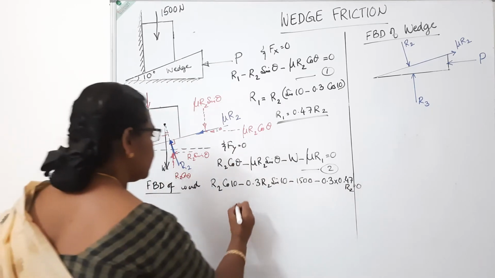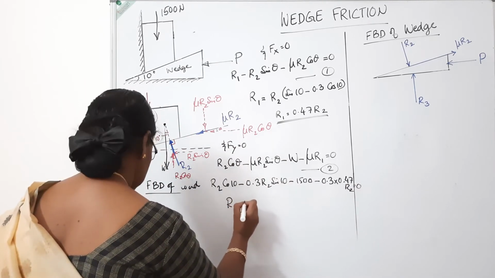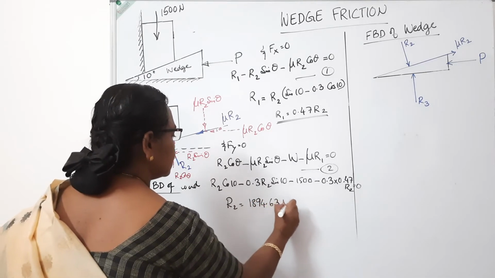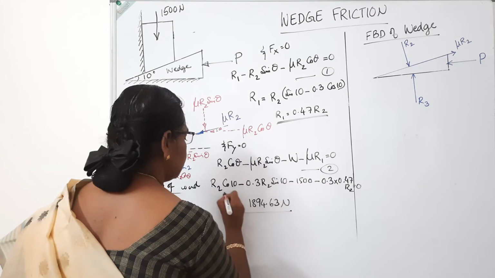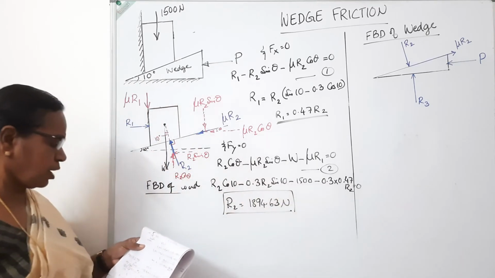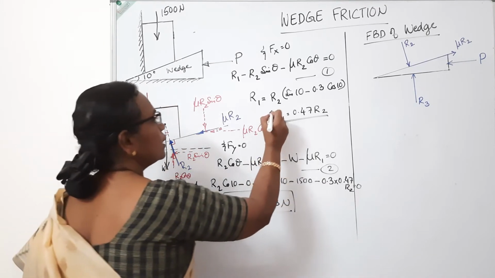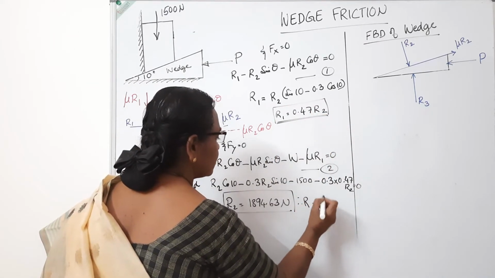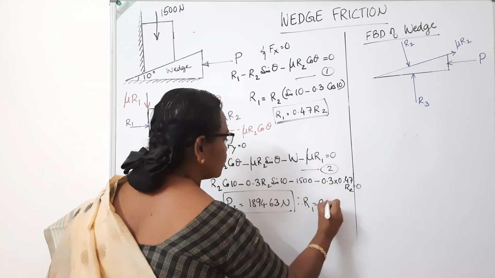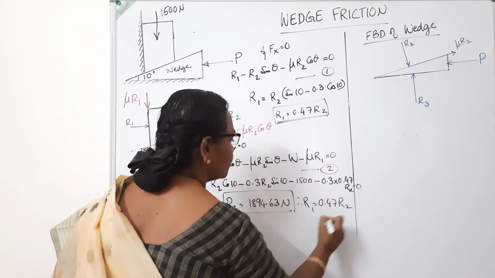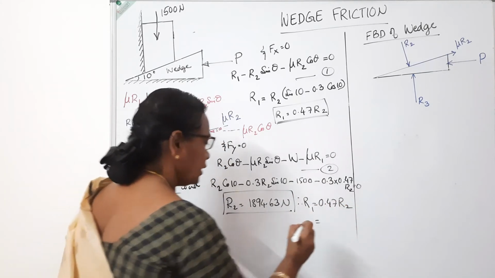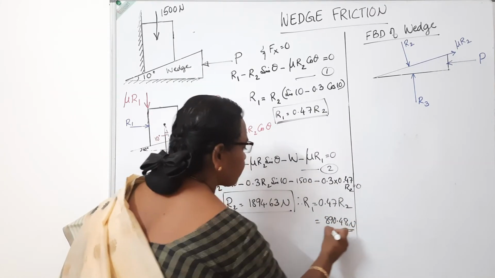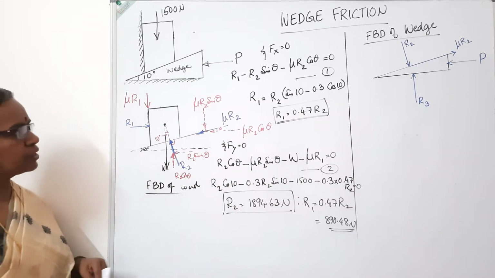From that I can get R2 is equal to 1894.63 Newton. So we got the value of R2. Hence substituting here, therefore R1 equals 0.47 R2. So 0.47 R2, we will get 890.48 Newton. Okay, so that first part is over.